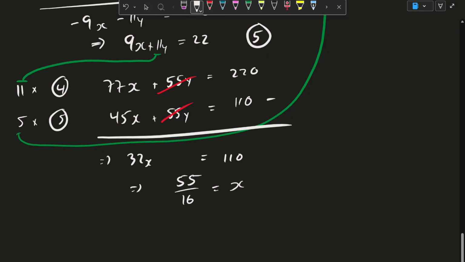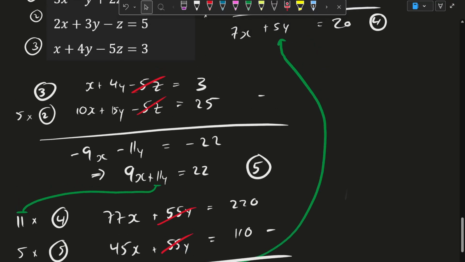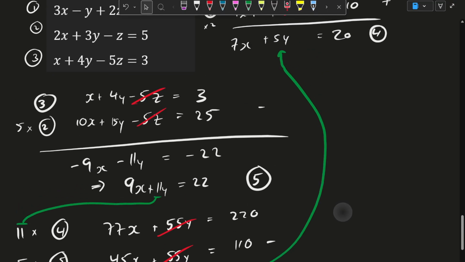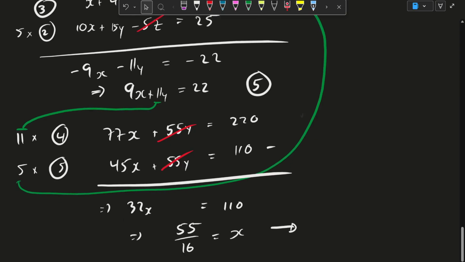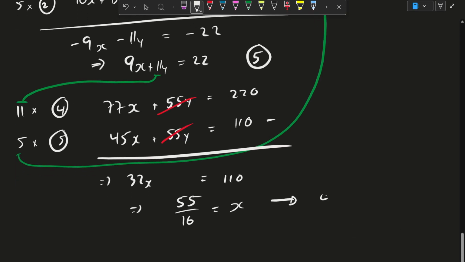Okay. Then all we have to do is sub that back in to get y and z. So the way I tend to notate this is by writing down the equation number next to an arrow. So I'm going to substitute that into the unedited version of equation 4, because that's the one with the lower coefficient.